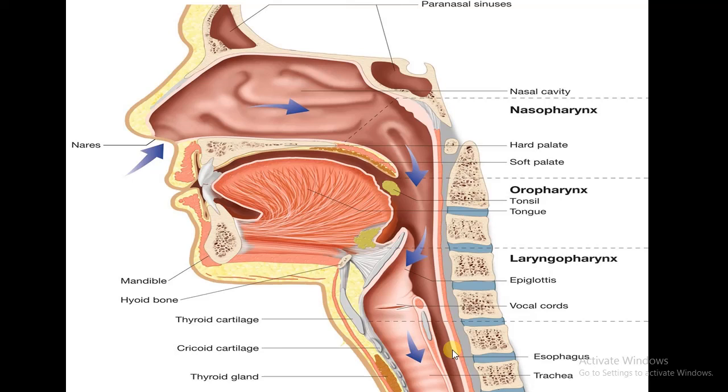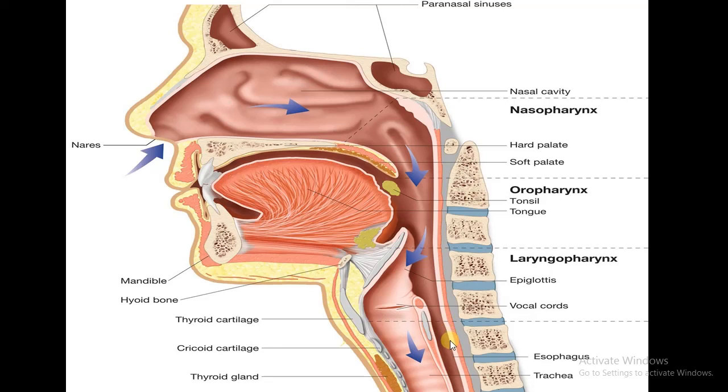So this tube behind the trachea is your esophagus. So the pharynx is performing two functions. It is a pathway for the conduction of air from the oral cavity into the larynx, and also a pathway for the passage of food from the oral cavity into the esophagus.